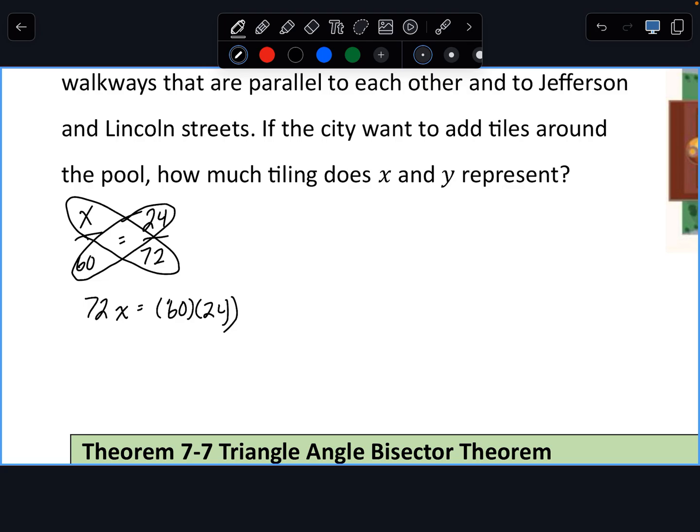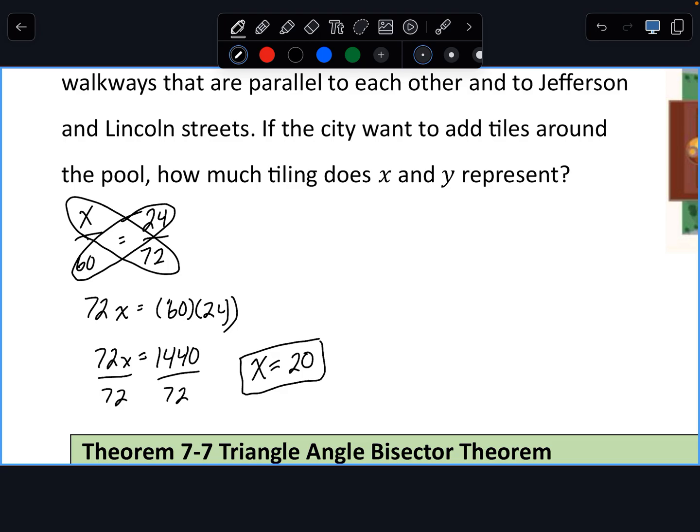I multiply on the right. 60 times 24 is 1,440. And then I divide both sides by 72. And we do indeed get an X value of 20. 1,440 divided by 72 gives us 20, which we figured out by understanding that the relationship had to be the same there.